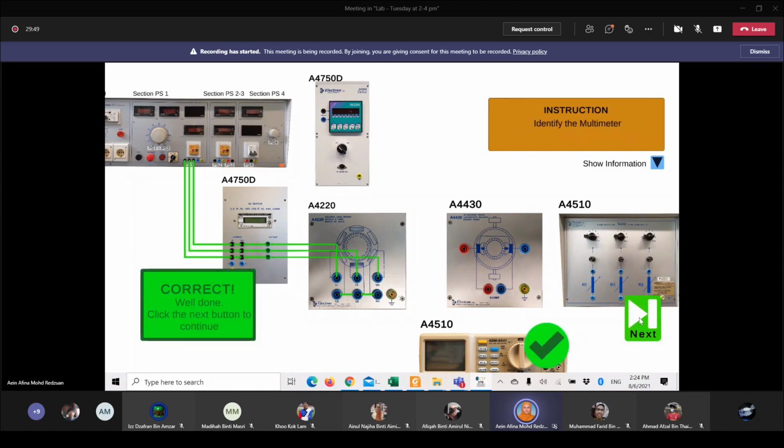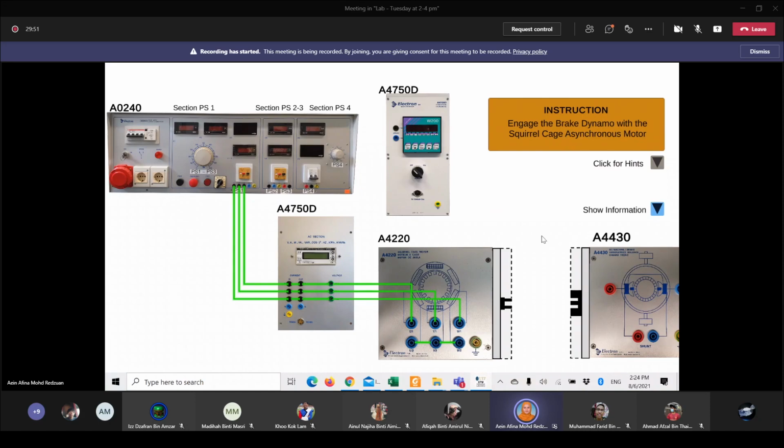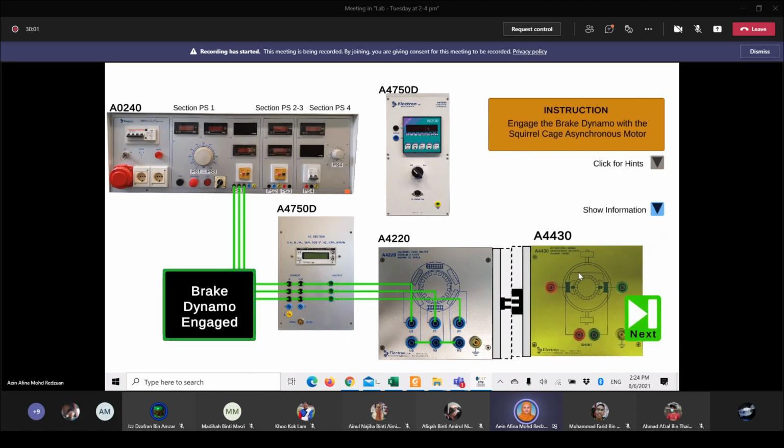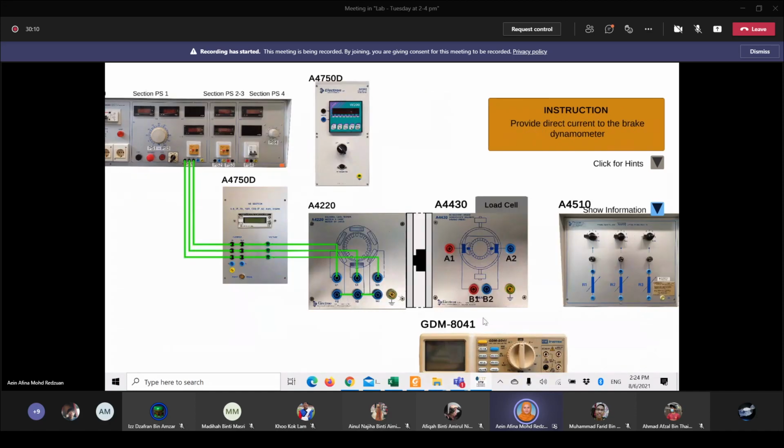Multimeter, of course. Now we need to engage the brake dynamo with the squirrel cage asynchronous motor. This is the brake dynamo. Drag it and engage it with the asynchronous motor. Next. Provide the direct current to the brake dynamometer.